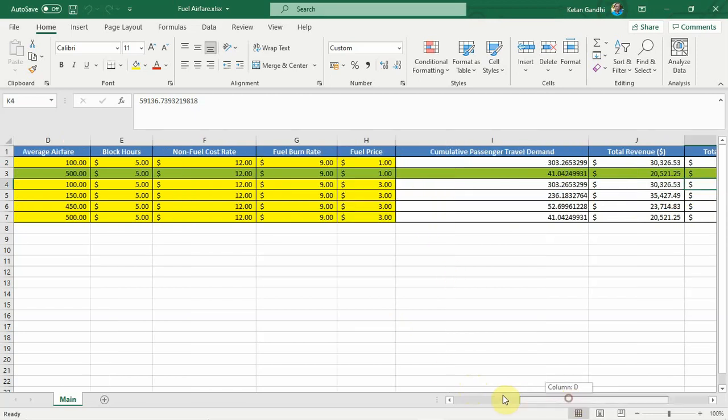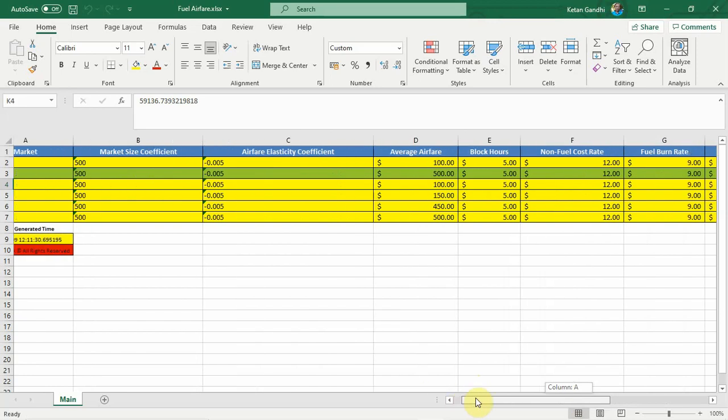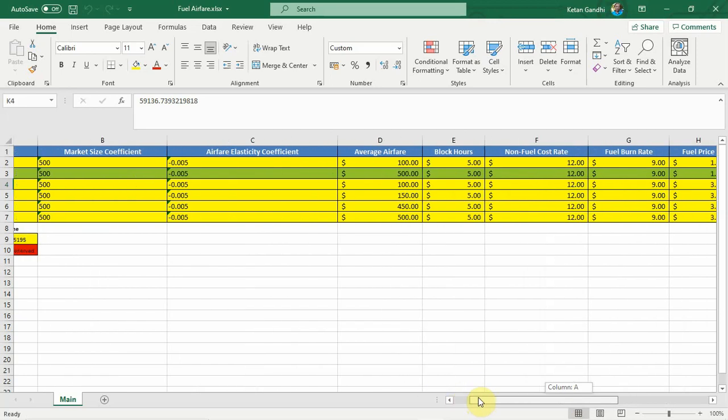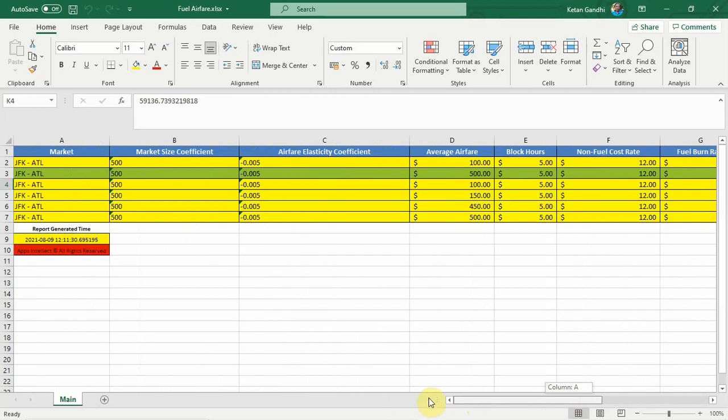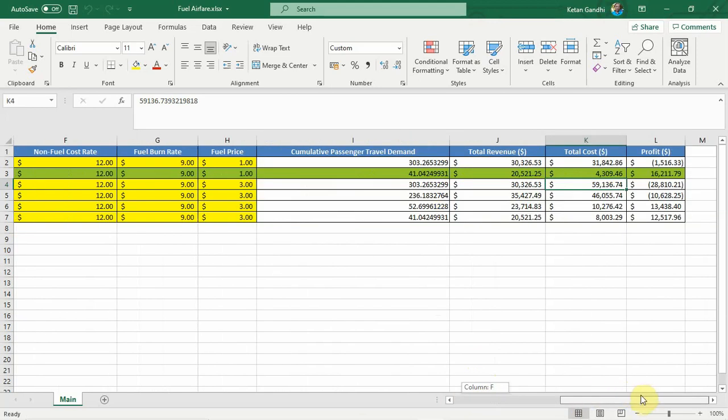Now we would like to see which airfare gives the airline the maximum profitability. The highlighted green cell gives the airline the maximum profitability with the average airfare price, the fuel price, and all the associated costs.